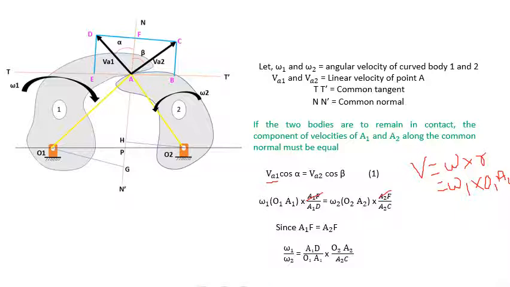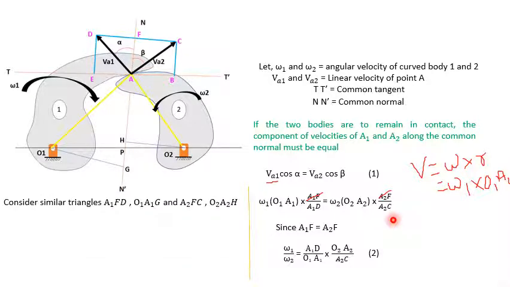So in terms of the velocity ratio, omega 1 divided by omega 2 is equal to A1D divided by O1A1 into O2A2 divided by A2C. Call this equation number 2.